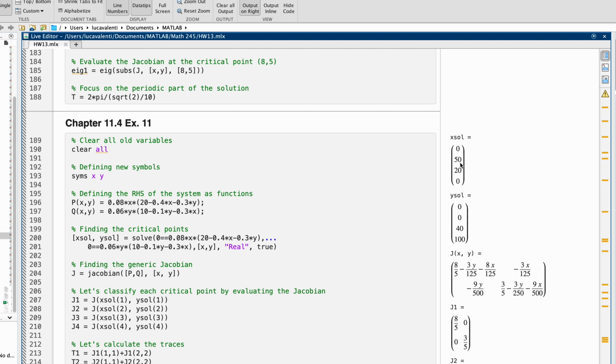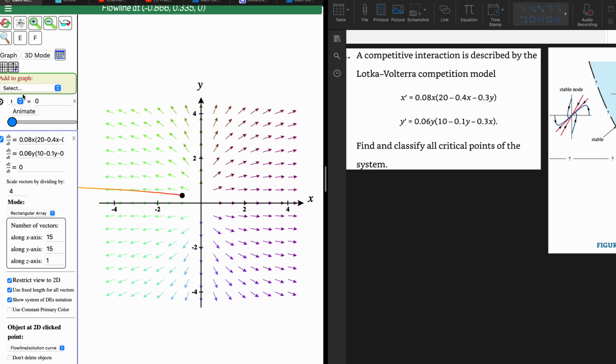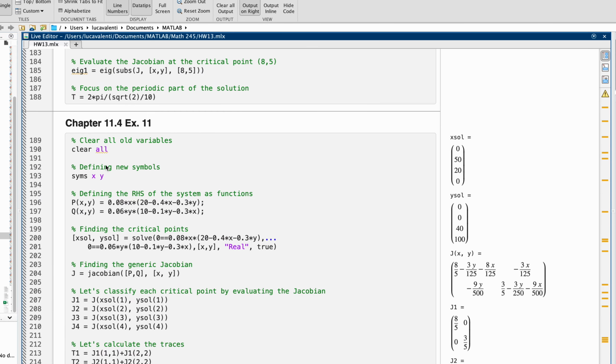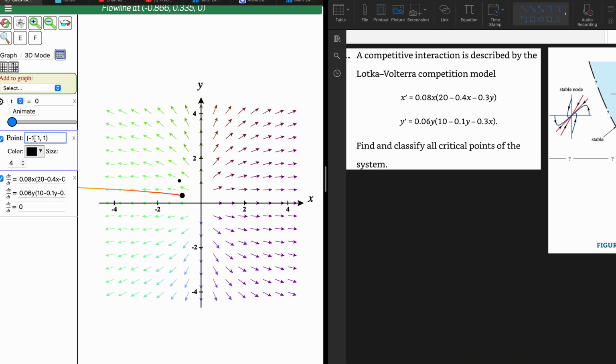So 0, 0, 50. Oh, maybe the window's not big enough. 0, 0. Let's plot them. 0, 0, 50, 0. Well, I'm not going to plot that one because that's the origin. The other one's going to be 50, 0. So 50 on my x, 0 on my y, and 0 on my z.